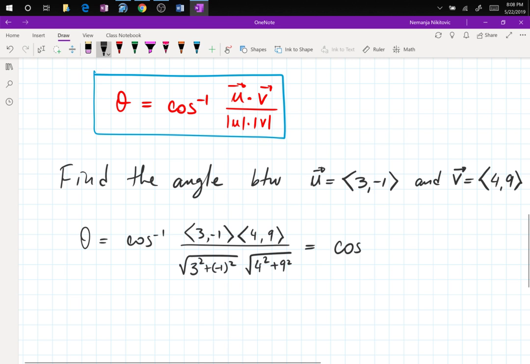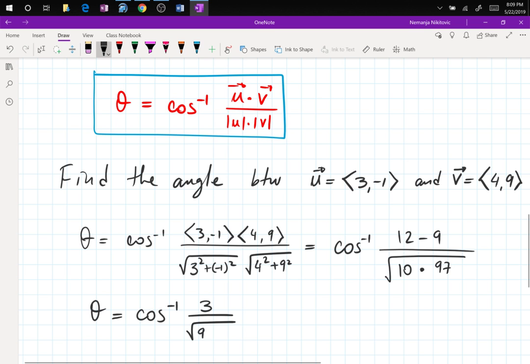This is equal to cosine inverse. Now we have 12 minus 9, and the square root of 10 times 16 plus 81, right? That's 97. So 970. So theta is equal to cosine inverse of 3 divided by the square root of 970.